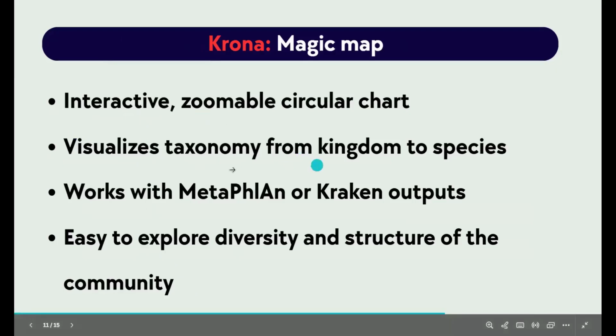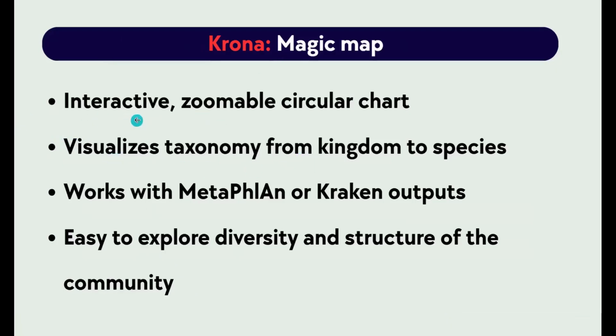Now, with the key features of Krona, our magical map, the first one is that Krona creates an interactive, zoomable circular chart, the same as we have seen. We will see it after applying Krona on Galaxy and getting our outputs ready.